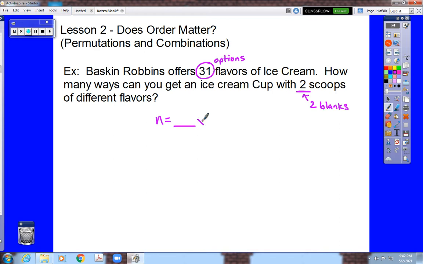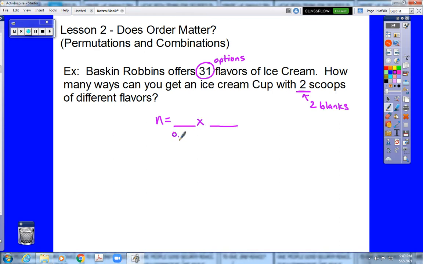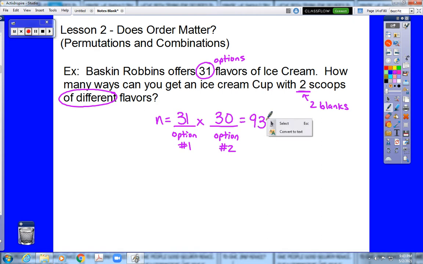So, 2 blanks, option 1 and option number 2 on the flavors. And notice that it does say different flavors, so they can't both be the same. That means we have 31 options for our first choice and 30 options for our second choice. So I would expect you to have 930 for your answer.